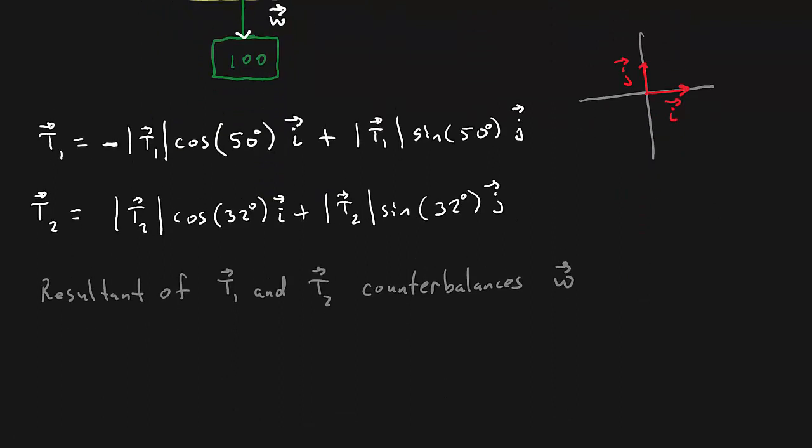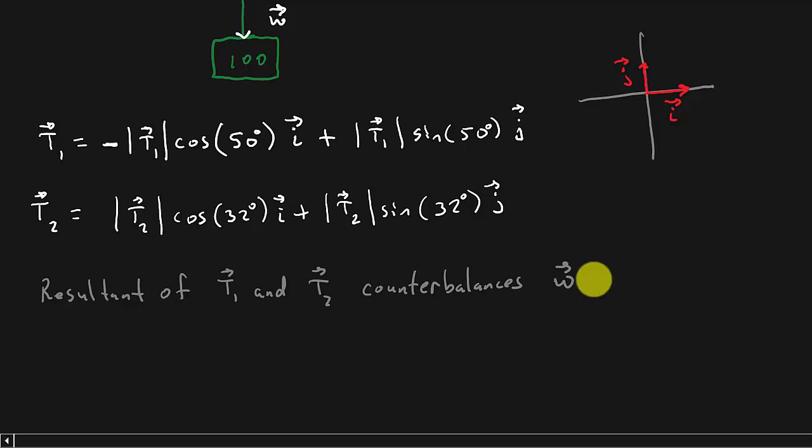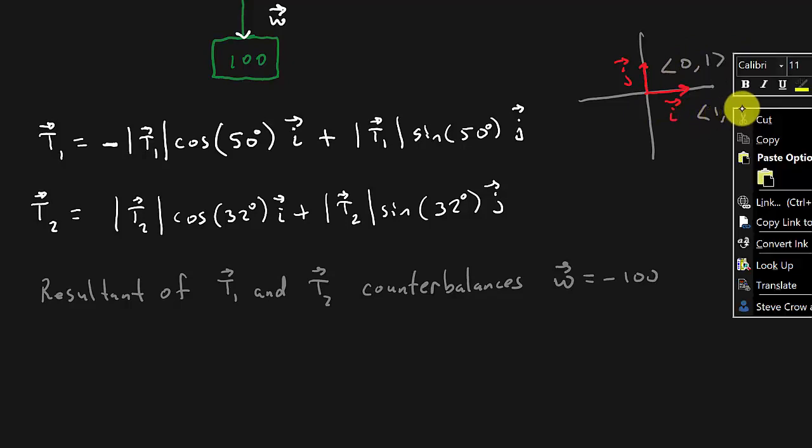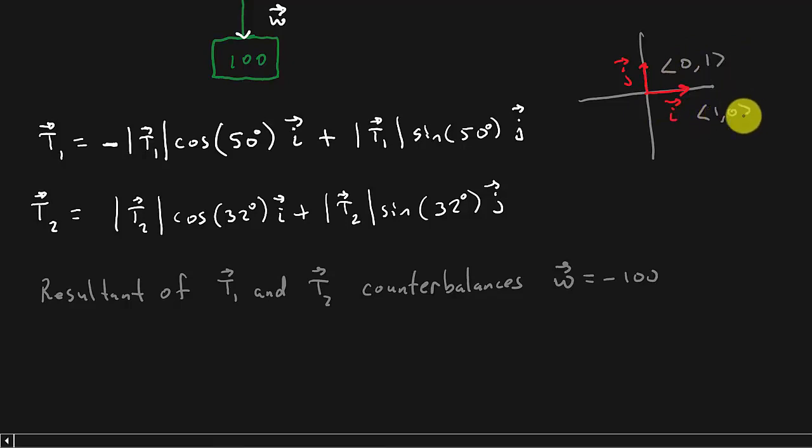So vector W is going to equal negative 100 J. It's just going straight down.